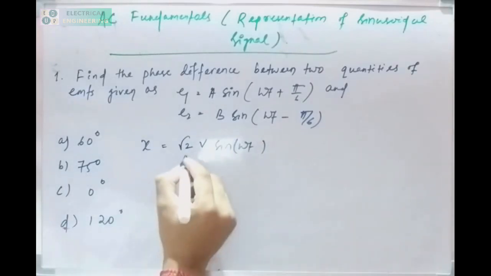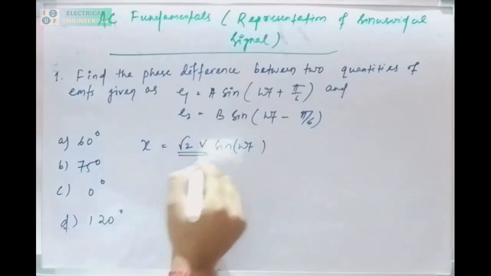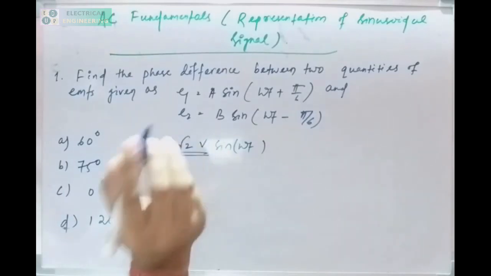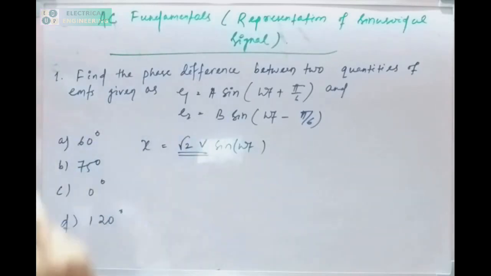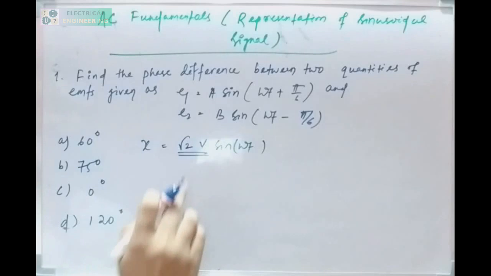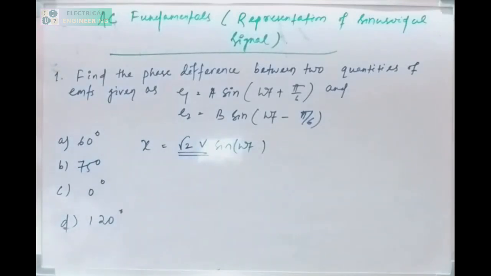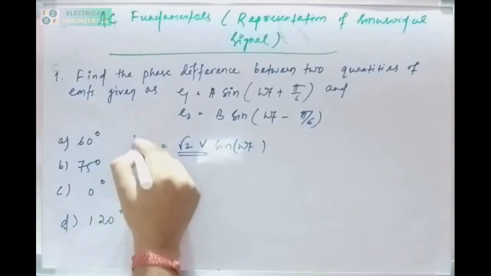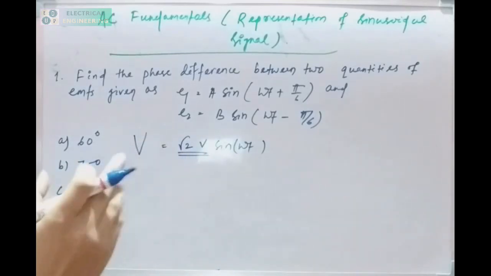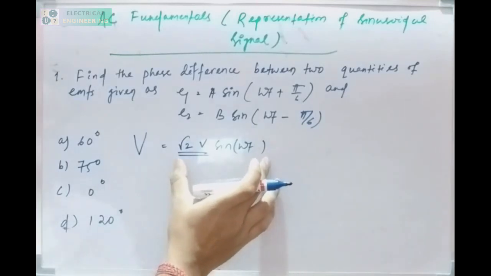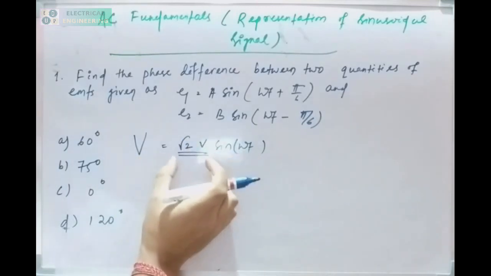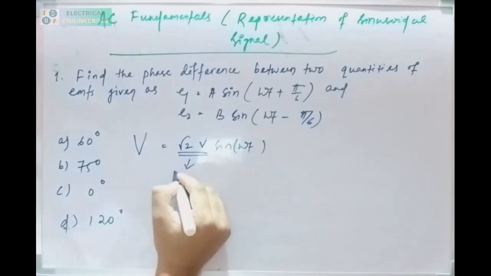Here root 2 V is the peak value of the RMS voltage V. Here V is the RMS value of the voltage, and the peak value of this RMS voltage is root 2 into V. Also I can write current similarly. Capital V is the sinusoidal representation of the voltage waveform. In the voltage waveform we write the first term as the peak value.